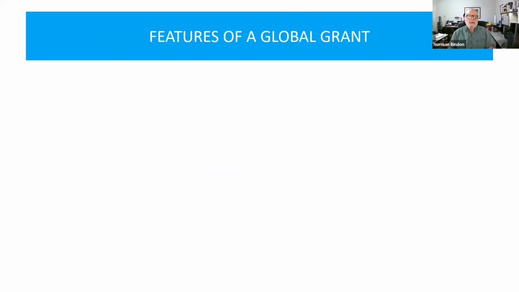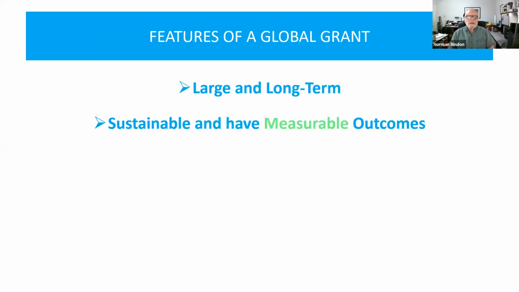Okay, the features of a global grant. They're large and long-term. They're sustainable, and they have measurable outcomes. Measurable means you can figure out what the result was. If you've got a situation where children are scoring too low on literacy tests, and you put a literacy program in and they start to score higher, that's measurable.